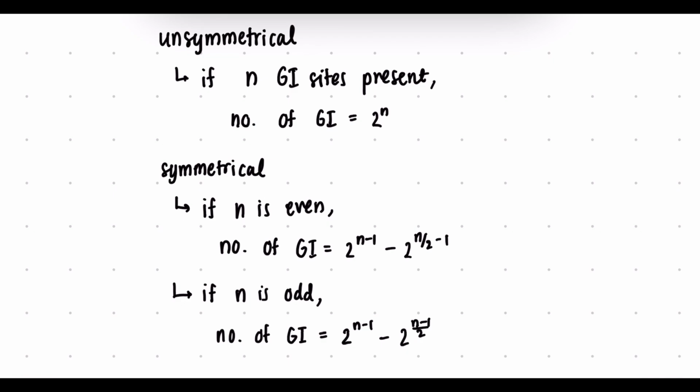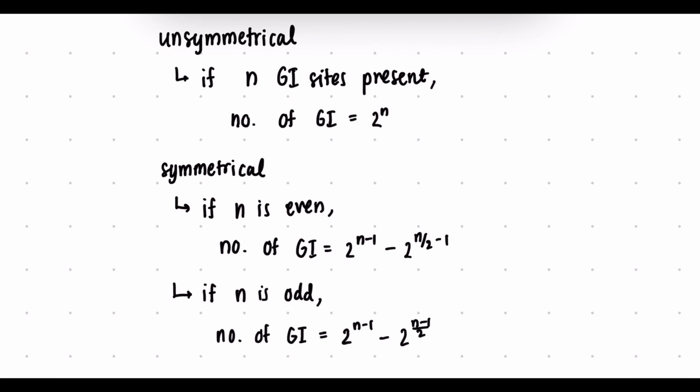So basically, in an unsymmetrical molecule, if there are n geometrical isomerism sites present, then the number of geometrical isomers would be 2 to the nth power. If it's a symmetrical compound, and n is even, then the number of geometrical isomers would be 2 to the power of n minus 1, plus 2 to the power of n over 2 minus 1.